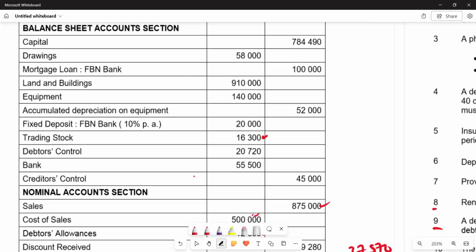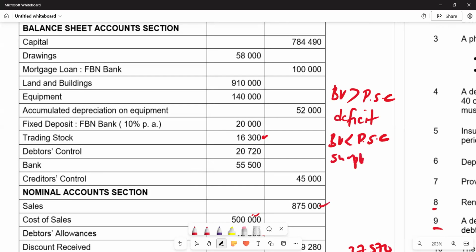So what we are saying is if book value is greater than physical stock count figure, we are going to have a deficit, and it's an expense. We put it under expenses. But if book value is less than physical stock count value, it's a surplus, and it is to go under other income. So this is what we want to check.